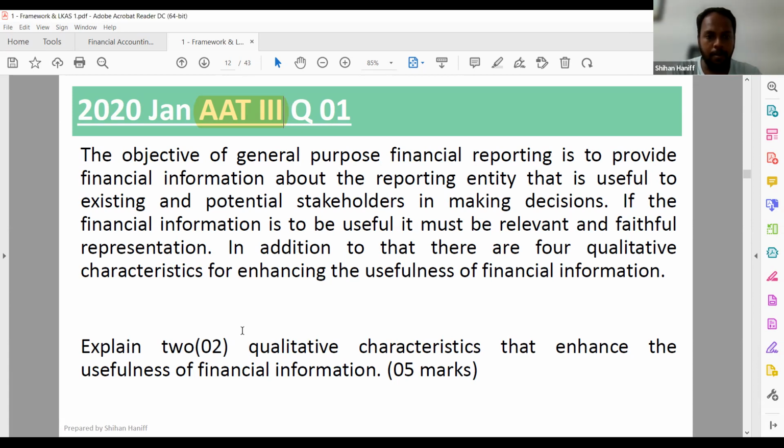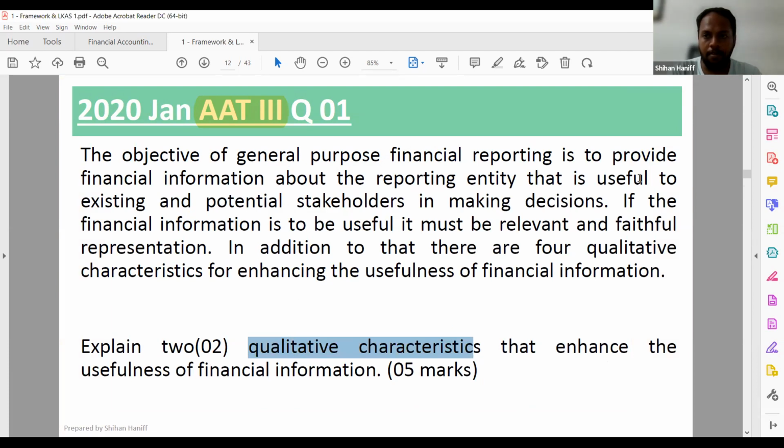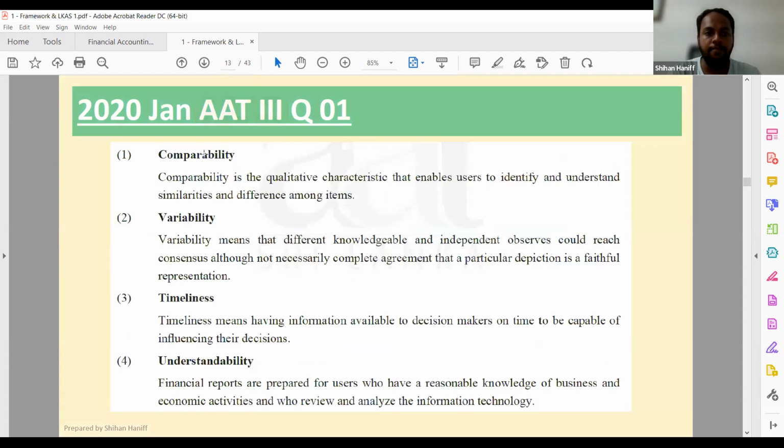Qualitative characteristics and enhancing characteristics. Sorry, they ask you to explain qualitative characteristics that enhance the usefulness of financial information. So, enhancing, 4 characteristics. Okay.